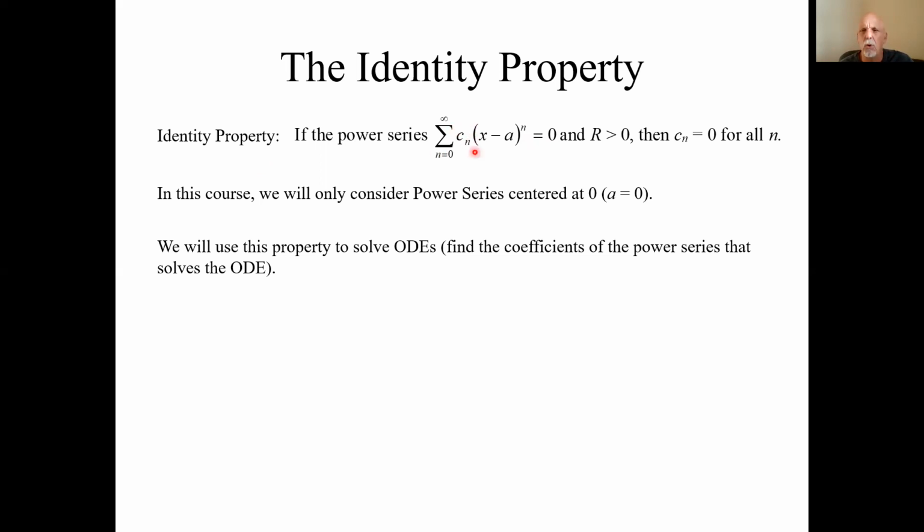All the coefficients of every power of this quantity x minus a must be 0. And we're always going to center ours at a equals 0. So what we're going to want is that the coefficient of every power of x has to be 0.